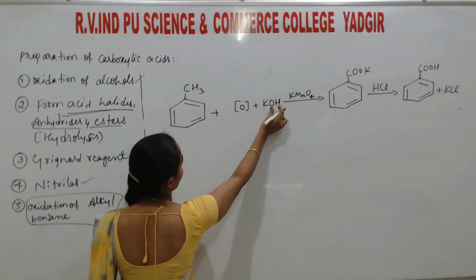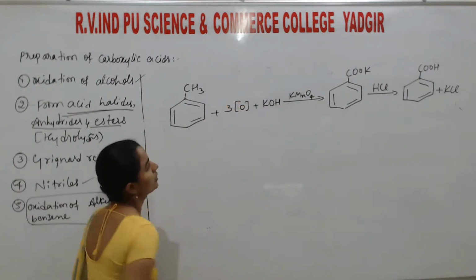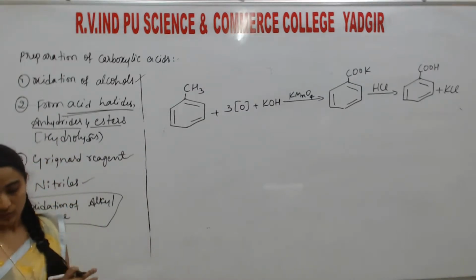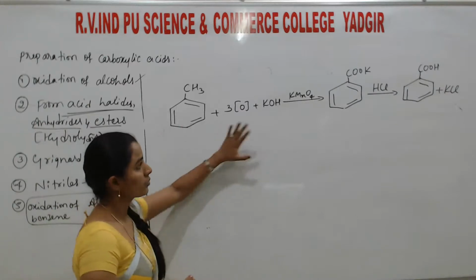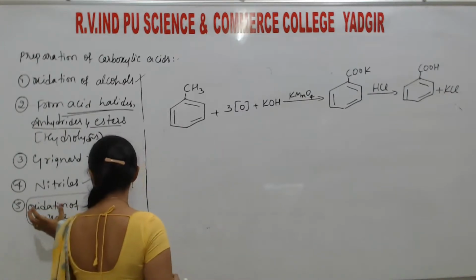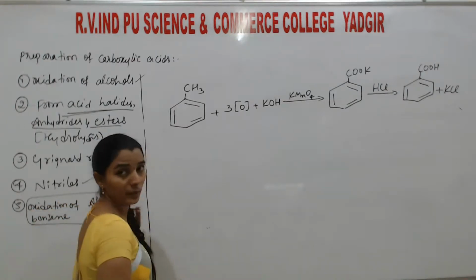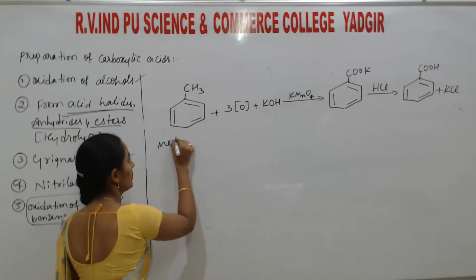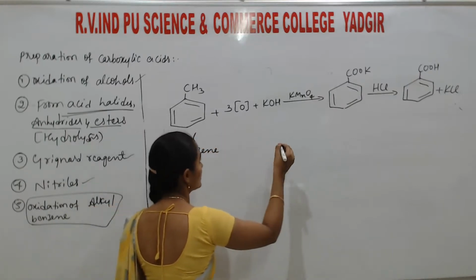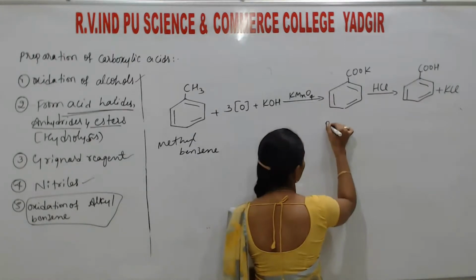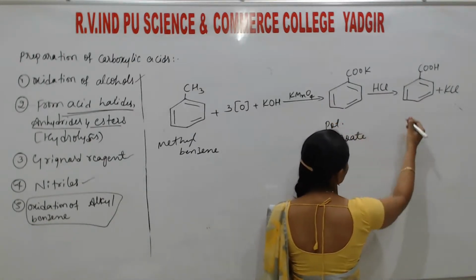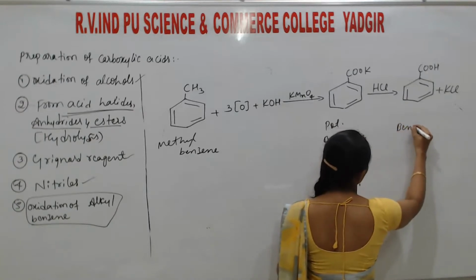So you take here, to remove H2O, 3 moles of O will be required, 3 moles of oxygen. Okay. So this is the reaction of preparation of carboxylic acid, especially benzoic acid, from alkyl benzene. So this one is methyl benzene. This one is alkaline KMnO4. This is potassium benzoate. So this one is benzoic acid.